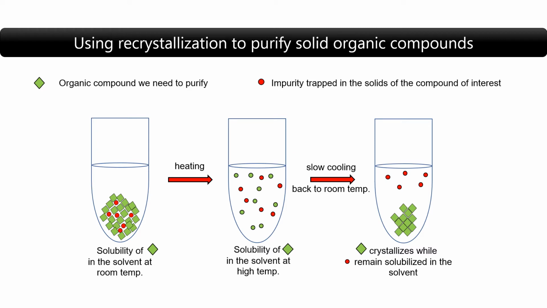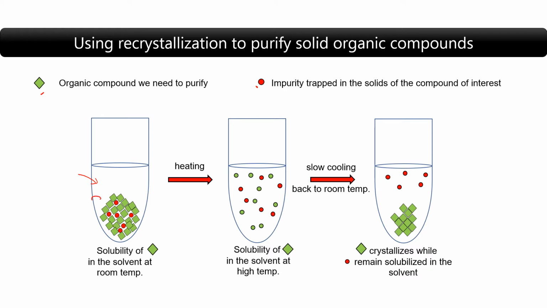In this slide, we are looking at how the recrystallization works. Let's assume these green crystals are the organic compound that we need to purify, and this red compound is the impurity that's trapped in the green solids. These green crystals are insoluble at room temperature in this particular solvent.